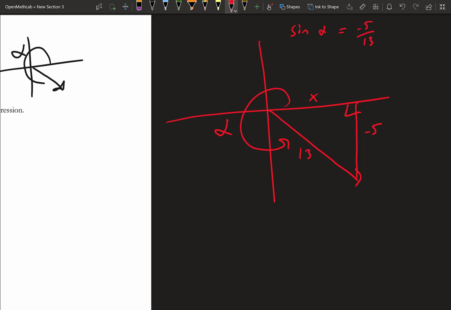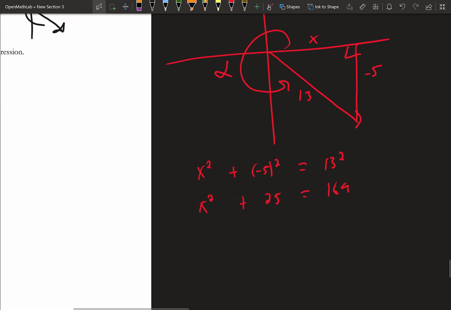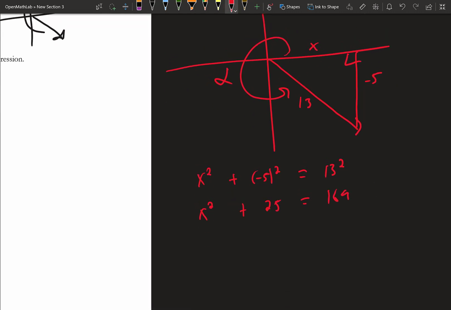We use the Pythagorean theorem. We have x squared plus negative 5 squared equals 13 squared. So x squared plus 25 equals 169. Subtract 25 from both sides, we get x squared equals 144. Take the square root of both sides, we get x equals plus or minus 12.